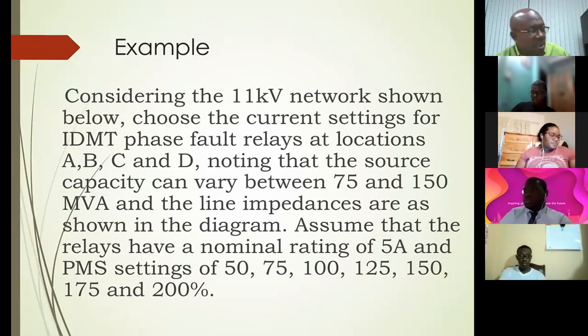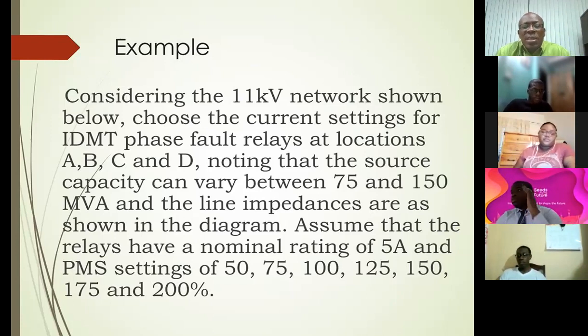So we have an 11 kV system, and obviously at that voltage we're dealing with a distribution line. Obviously, we operate at 24 in Jamaica, but the point I'm making is that it's a distribution line. And the task for us is to choose the current settings for the inverse relay at the 4 locations.